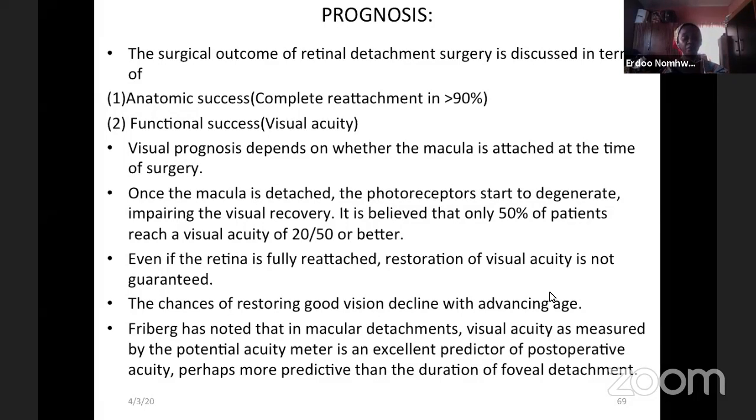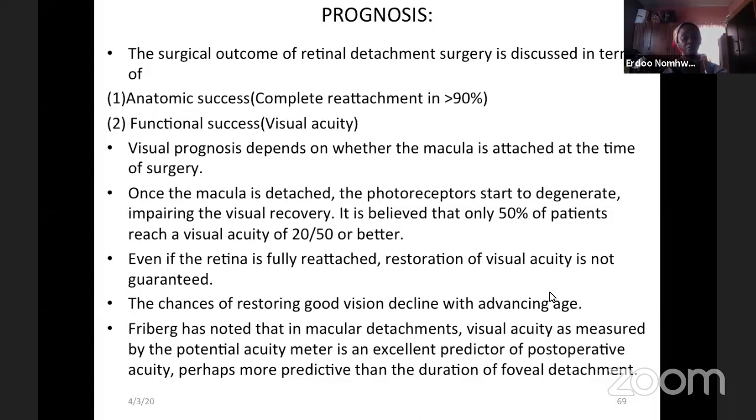Freeberg has noted that in macular detachment, VA as measured by the potential acuity meter is an excellent predictor of postoperative acuity, perhaps more predictive than the duration of foveal detachment.